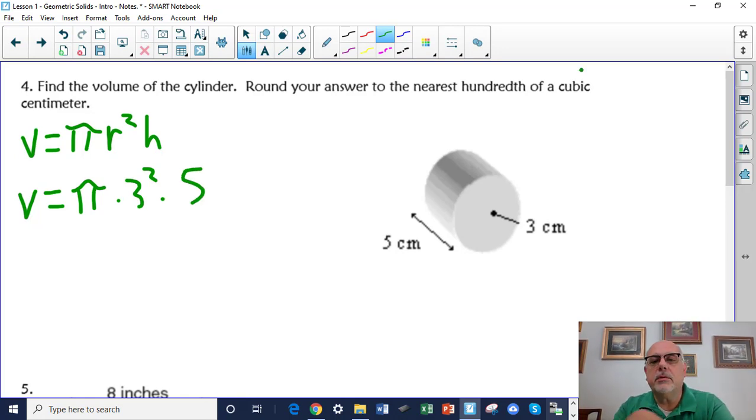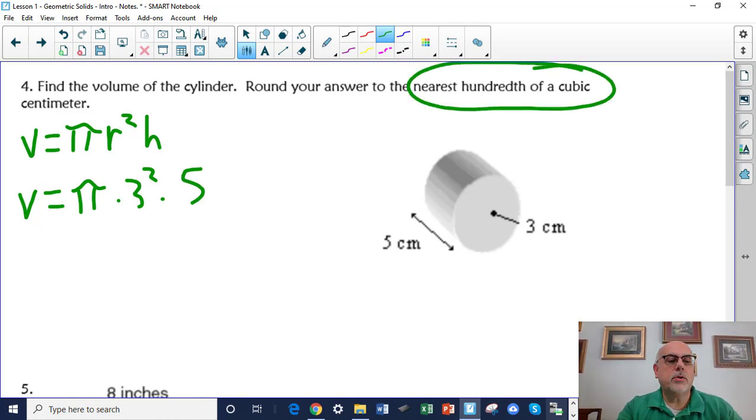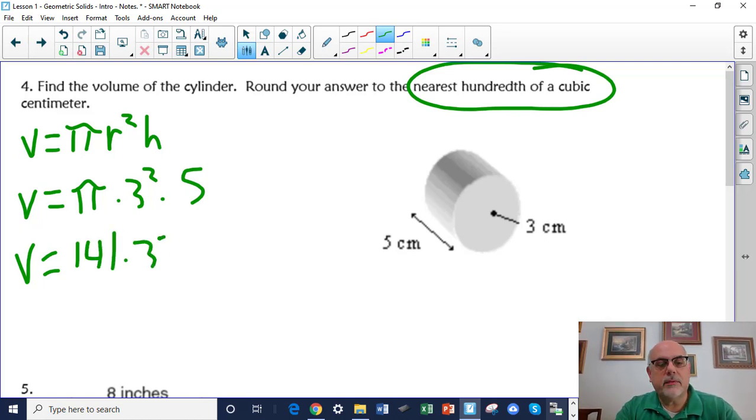Now it says to the nearest hundredth of a cubic centimeter. So you're going to round your answer to 2 decimal places. So you run that through the calculator, and you can use the pi button. Don't multiply by 3.14, use the pi button. So it's 141.37 cubic centimeters. That's the volume of that cylinder. Okay.